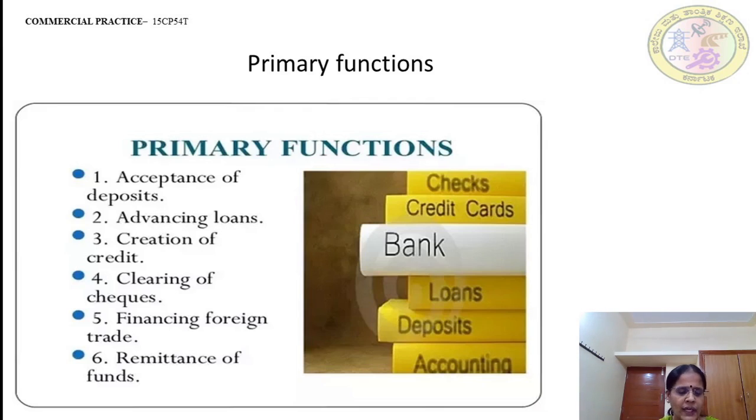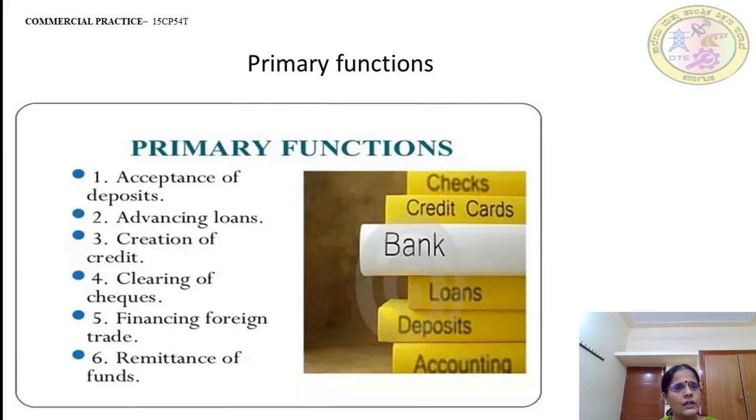We already know that every bank has to perform the activity of receiving deposits from the public on various types of accounts. Basically, there are different types of accounts: current account, savings bank account, fixed deposit account and recurring deposit account.